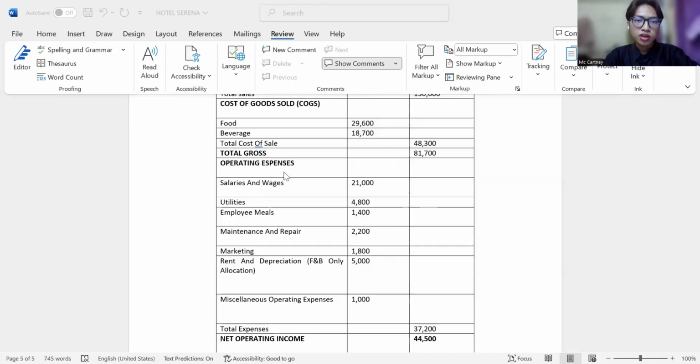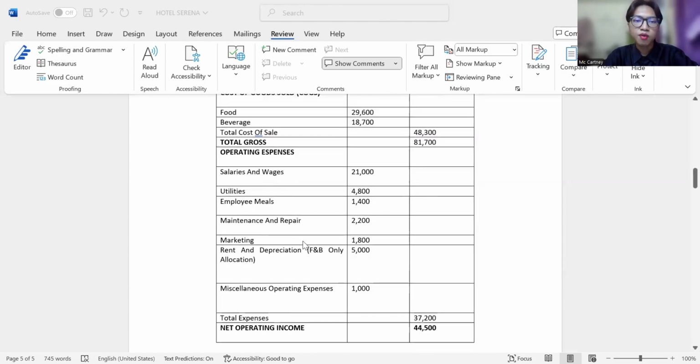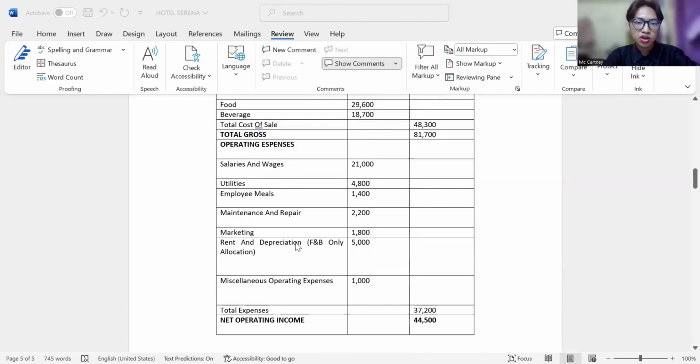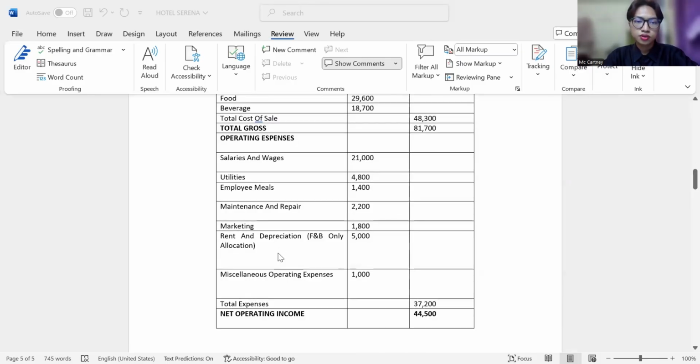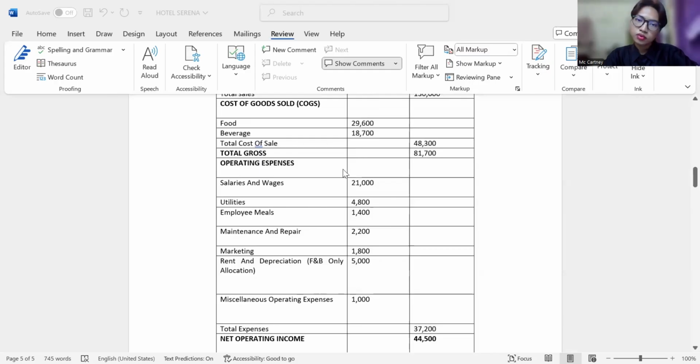Then we look at operating expenses, which are also already given: salary and wages, utilities, employee meals, maintenance and repair, marketing, locations, F&B only on locations, and miscellaneous operating expenses. After adding all these, we get total expenses equal to 37,200.